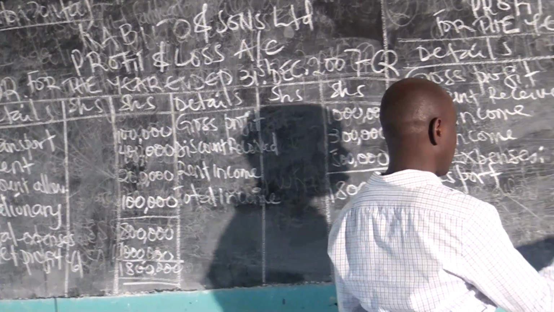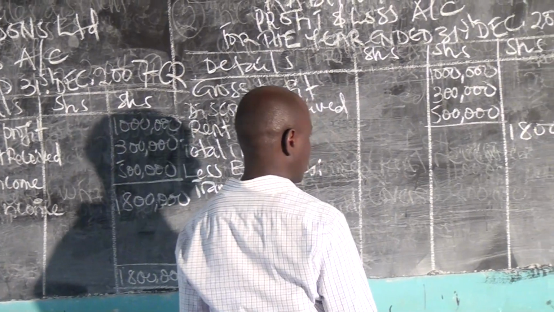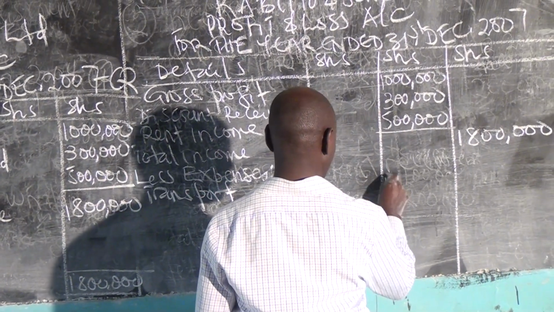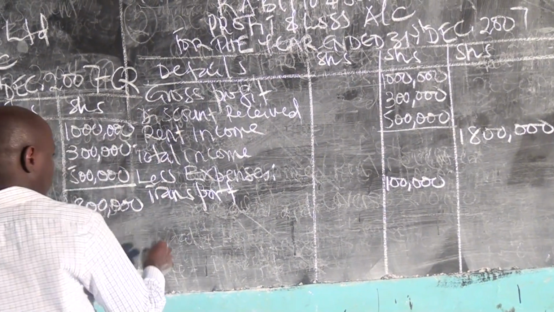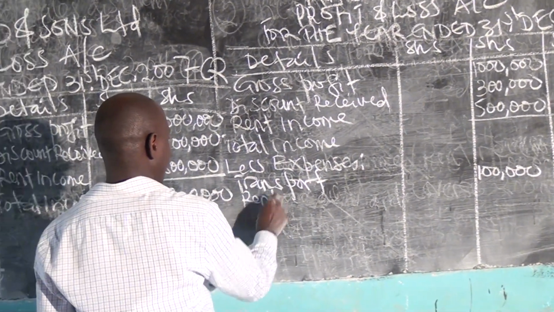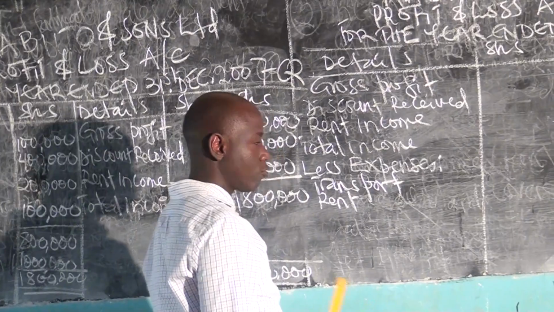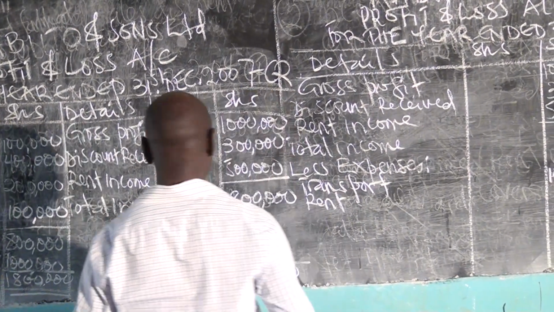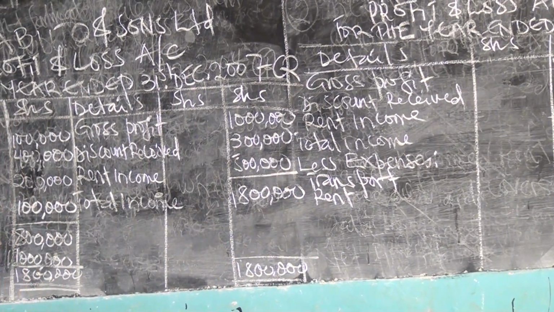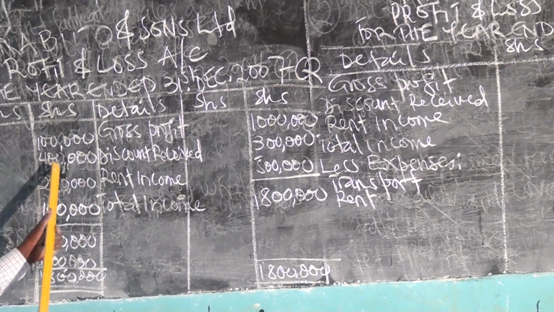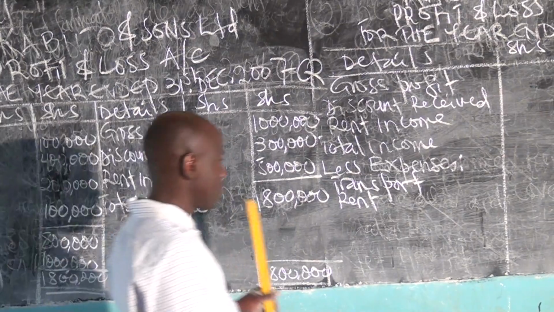It is 100,000. We have rent. That rent, some people call it rent allowed. That word allowed, when you come across it, is an expense. Rent allowed or rent is 400,000.